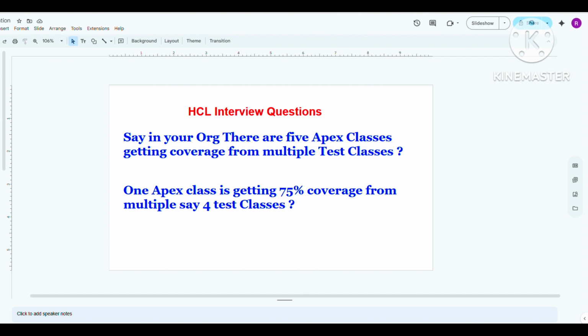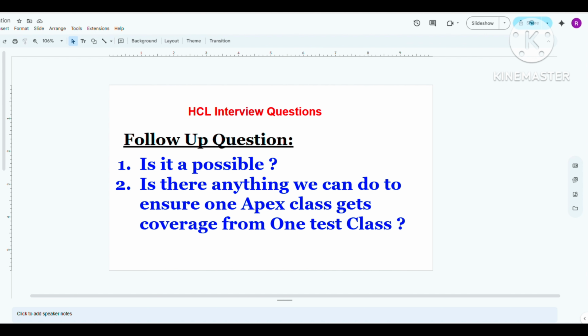Say one Apex class is getting its 75% mandatory coverage from, say, four test classes. The question here was whether it is possible, and if yes, is there anything we can do to ensure one Apex class gets coverage from one test class? Think about it, and if you know the answer, do comment.